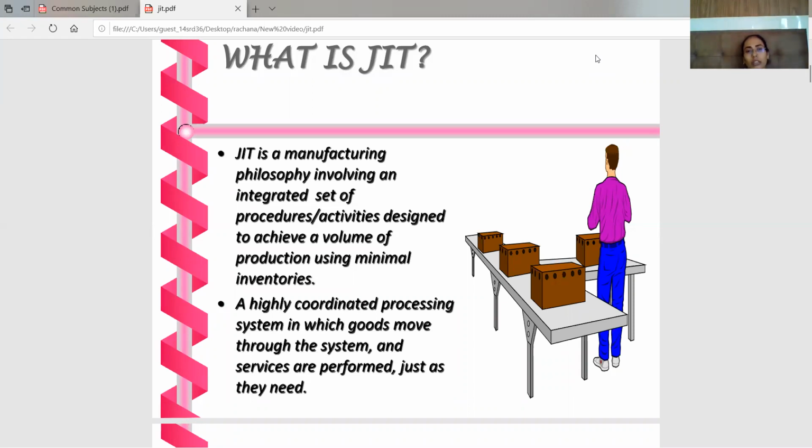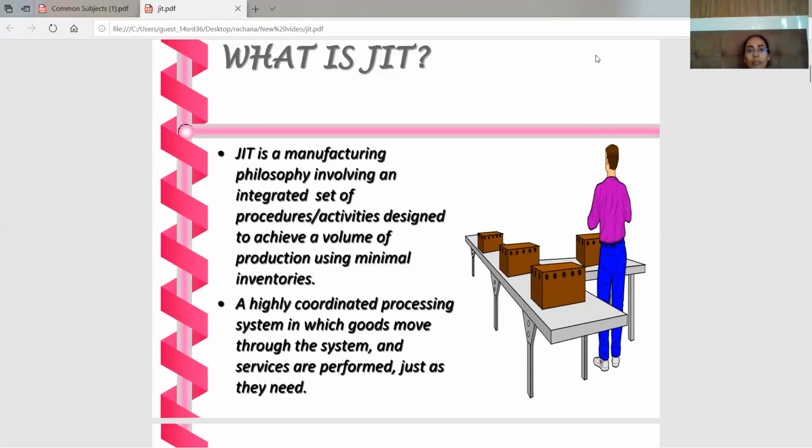Lecture's topic is JIT, which stands for Just in Time. It's a modern concept of manufacturing and inventory management in which whenever an inventory is required, it is provided just in time so that we can eliminate the storage of inventory in your organization.